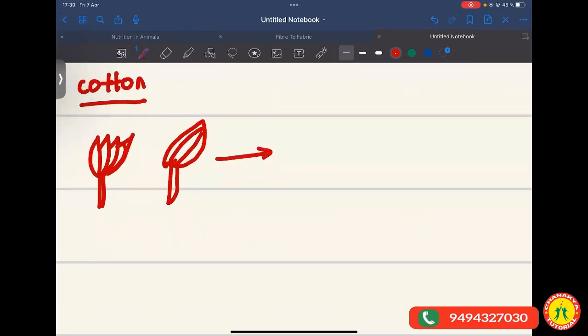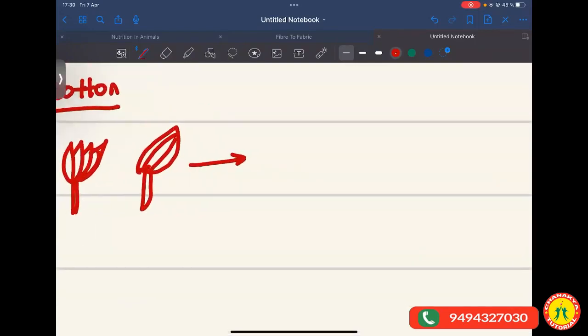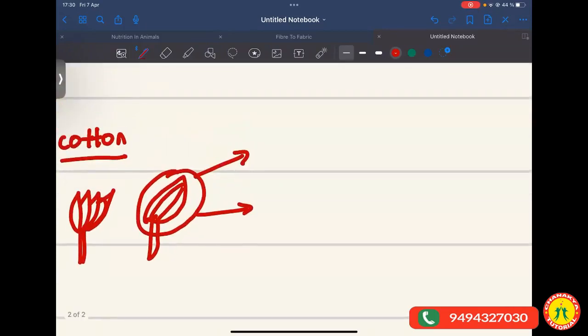Everything that a plant grows will either turn into a flower or a fruit. You know that, right? So here this cotton grows into a fruit, and this fruit is called the cotton boll. Okay, that is the name of this fruit.